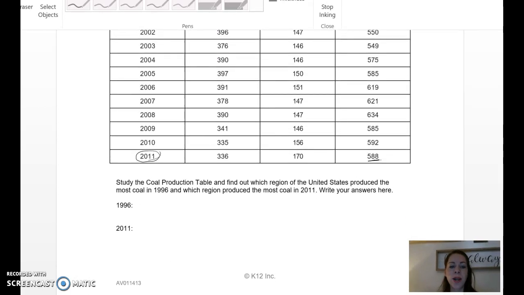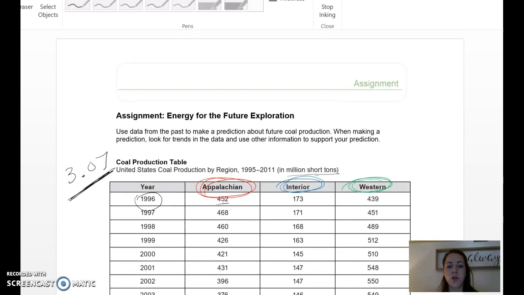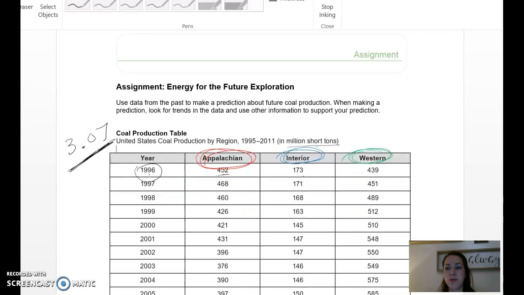The first one is at the bottom of the first page, and I'm going to let you do this on your own. I showed you how to read the table, and now I want you to answer. It says, study the table and find out which region of the United States produced the most coal in 1996. If you're looking at 1996, you want to find the biggest number and tell us which region that is.